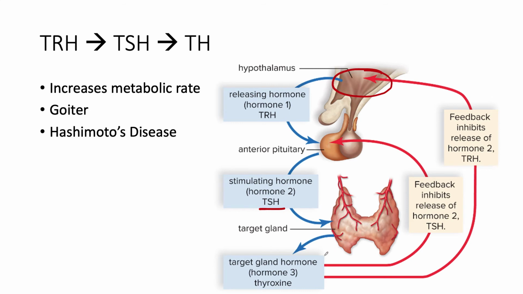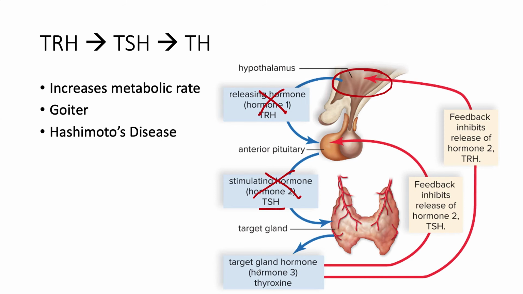So, for example, as the level of thyroid hormone grows, it can feed back on both the anterior pituitary and the hypothalamus. It can shut down this system and this system, which is helpful in making sure that we don't overproduce this thyroid hormone or thyroxine.